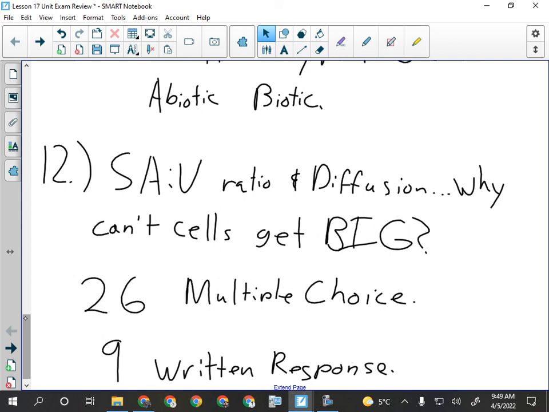Question number 4. Multicellularity, layers of the leaf. And you can put a picture of the layers of the leaf. No labels, just the picture. 5 marks. Question number 5, a 6-mark question about plant transport.